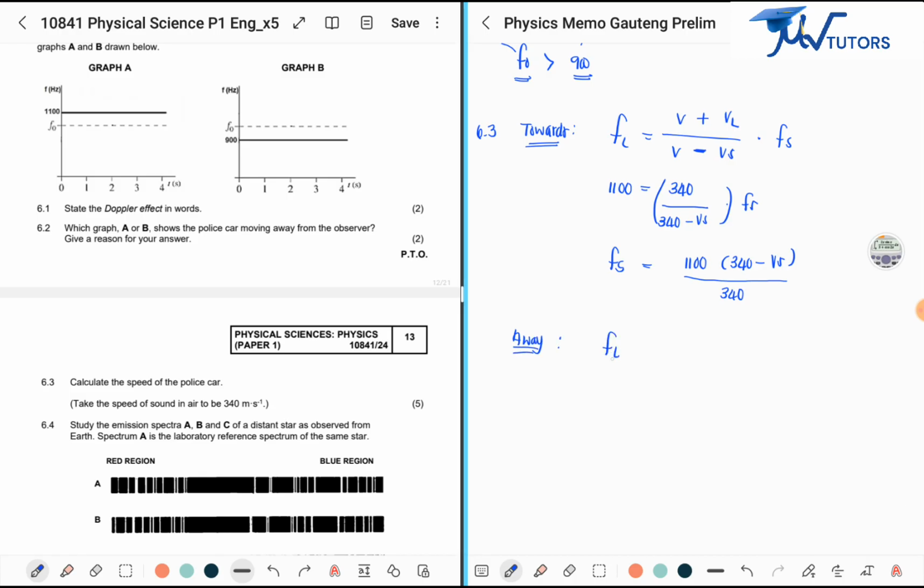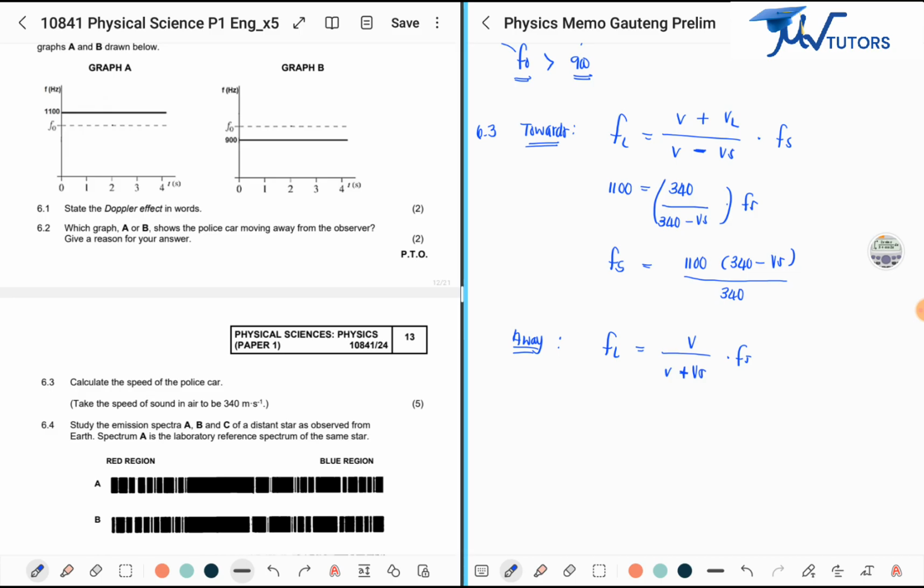Okay, and then when it moves away, still the same formula. We have the velocity, because we've established that the velocity of the listener is 0. Here, because it's moving away, in the denominator we're going to have a plus. It does the opposite. On top it would have been a minus, but the velocity of the listener is 0.